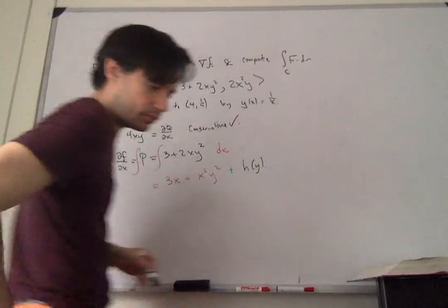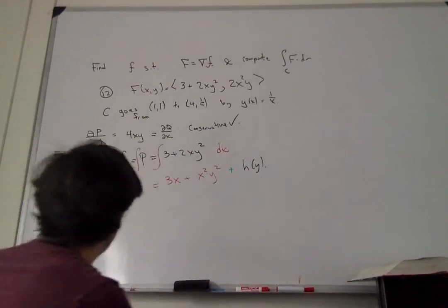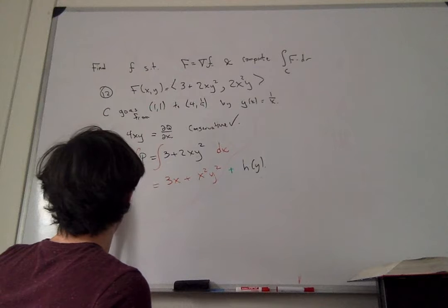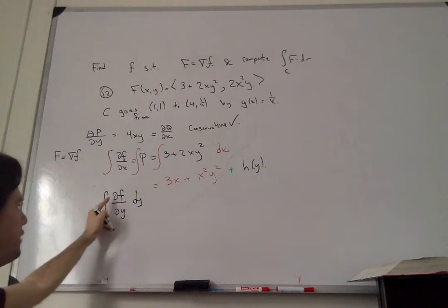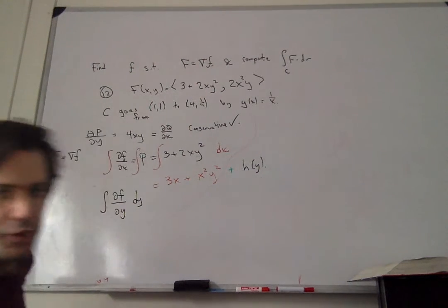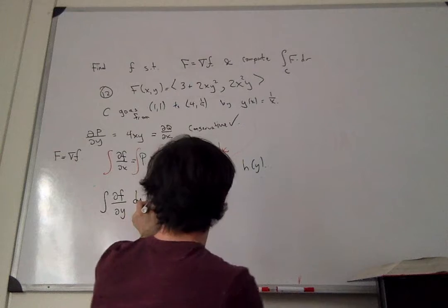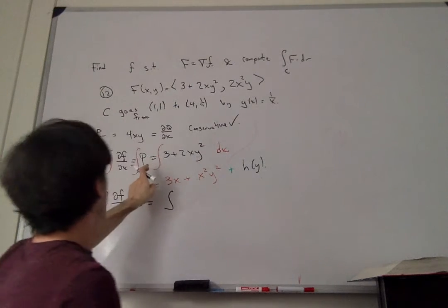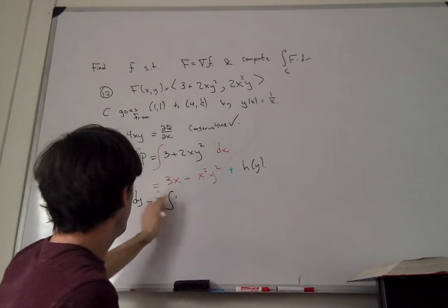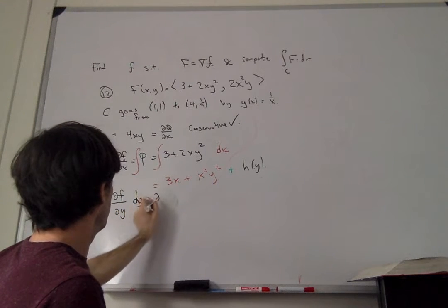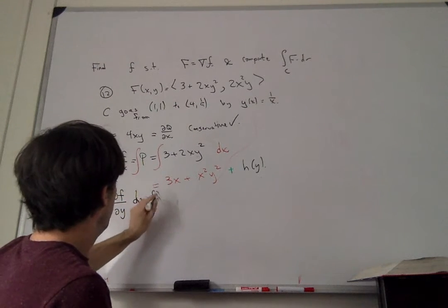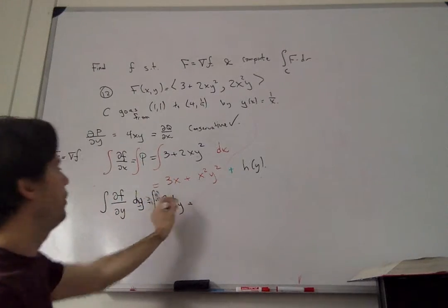Okay, now, it's also true that if I integrate del f by del y with respect to y, that's going to be the same thing as integrating Q with respect to y.